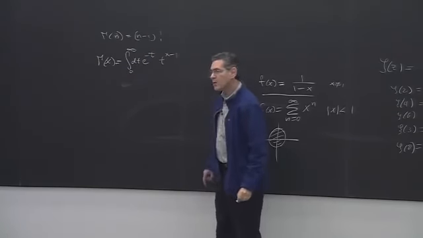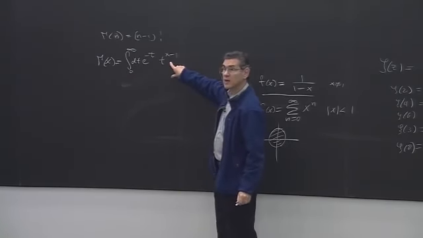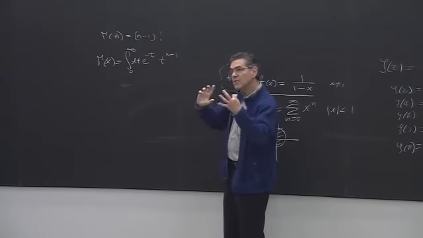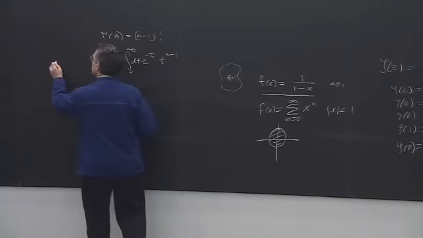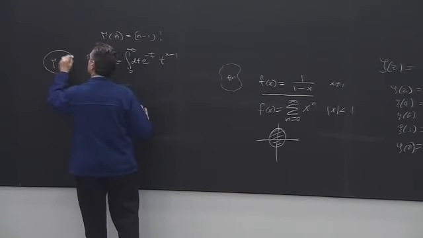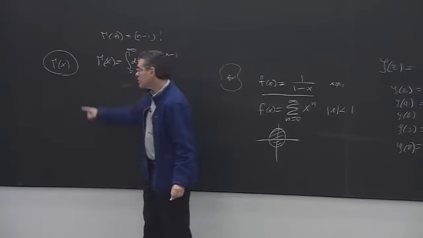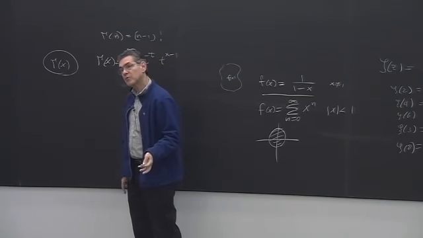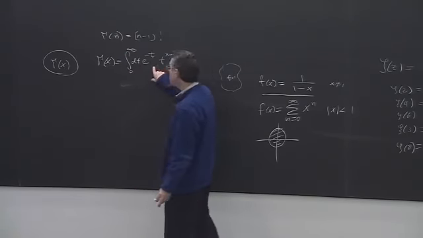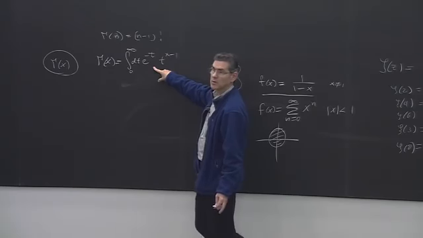Now, this is called the Euler representation of gamma of x. So there is in function space an abstract function gamma of x. In order for us to talk about it, we need a representation of the function. Here's one way to represent the function.